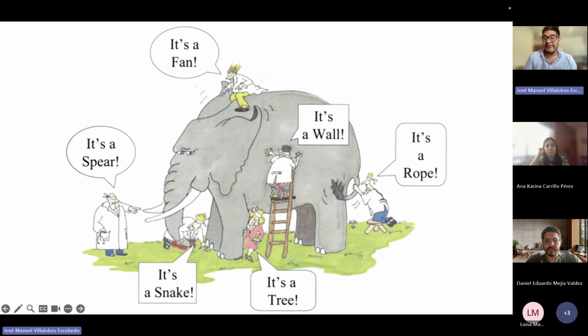Some of them can say, okay, this is a snake, or this is a tree, or if somebody is touching the ears, they can think, okay, this is a fan. So that means we have a good observation, even a super direct observation, but it is not necessarily the whole information, right?